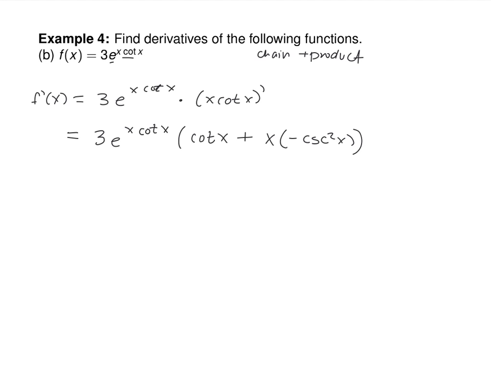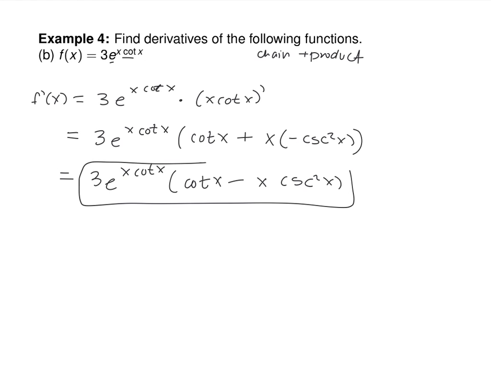First you differentiate the x, derivative is 1, right? And then plus x times negative cosecant squared x. So that's just 3 e to the x cotangent x times cotangent x minus x cosecant squared x. And there's really no easy greatest common factors there, so that's good enough.